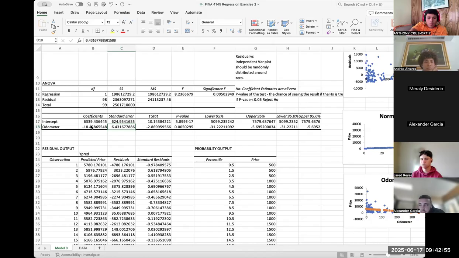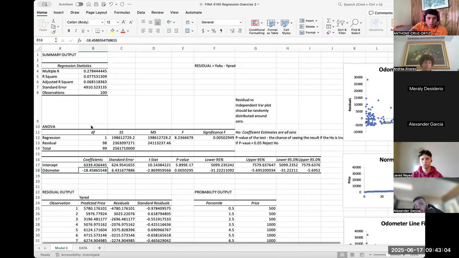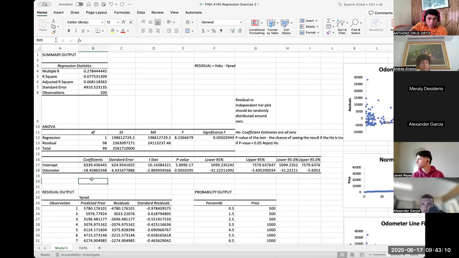So that makes it comfortable for us to interpret this here. We actually should look at the R first, but we'll go back to that. So how do we interpret this?